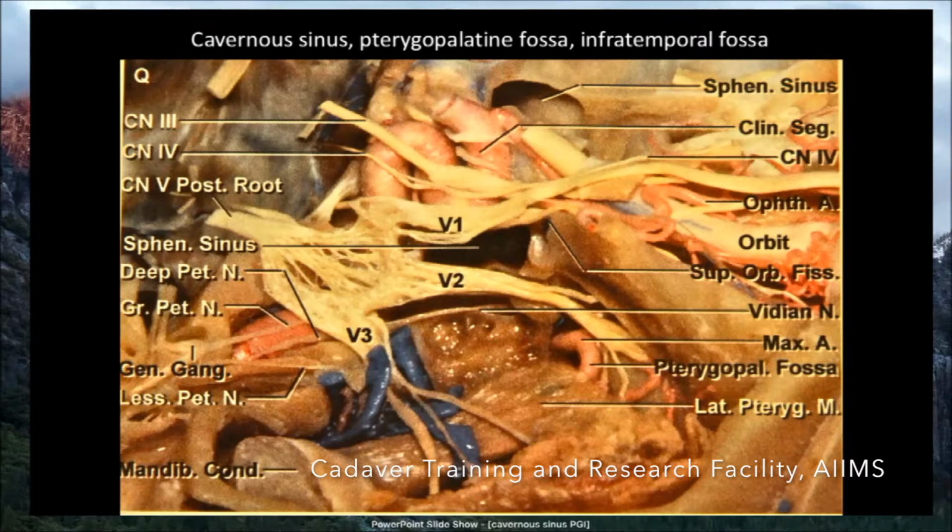Behind the V3, parallel to the GSPN, if you remove the bone, you enter the petrous carotid canal. Lateral to that, you get the tensor tympani muscle. These are the 7th and 8th nerves, geniculate ganglion, GSPN, and this is the continuation of the geniculate ganglion below the lateral semicircular canal in the tympanic recess.